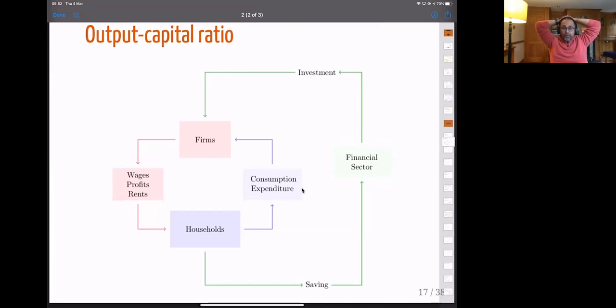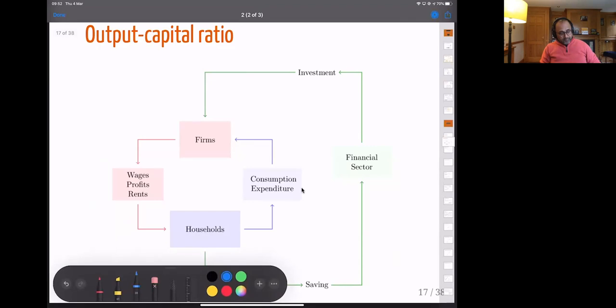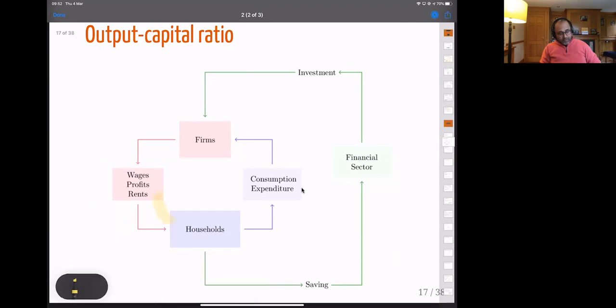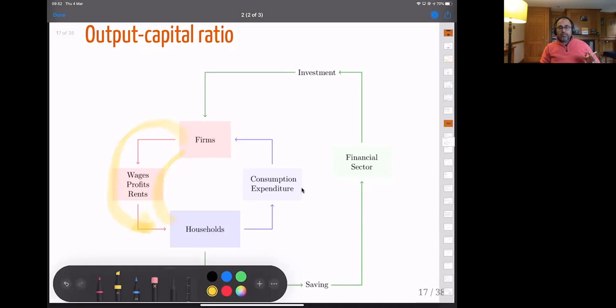The arrows tell you how the money flows. So households work for firms, and they get a flow of money in return. Households go and work in the firms.